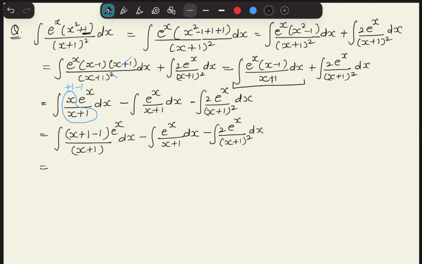Again we will separate these two terms. So we will get (x plus 1) e to the power x upon x plus 1 dx minus e to the power x dx upon x plus 1. Actually, this is plus here, so this should be plus.